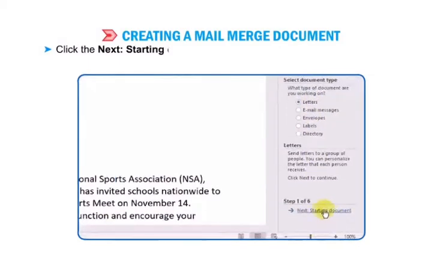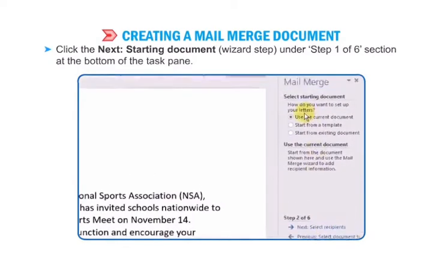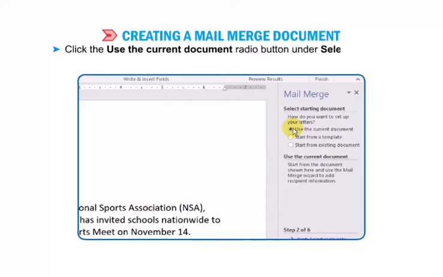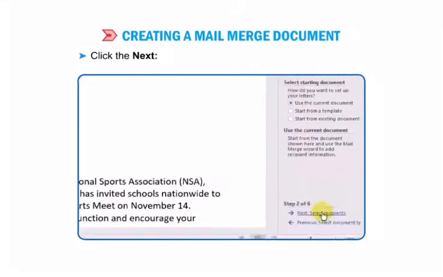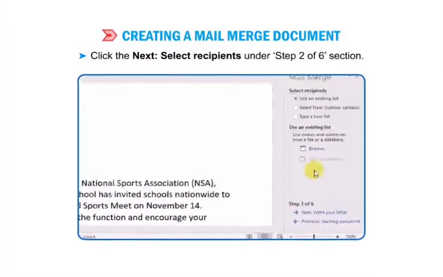Click the Next: Starting Document wizard step under Step 1 of 6 section at the bottom of the task pane. Choose the type of setup for your letters. Click the Use the Current Document radio button under the Select Starting Document section. Click the Next: Select Recipients under Step 2 of 6 section.